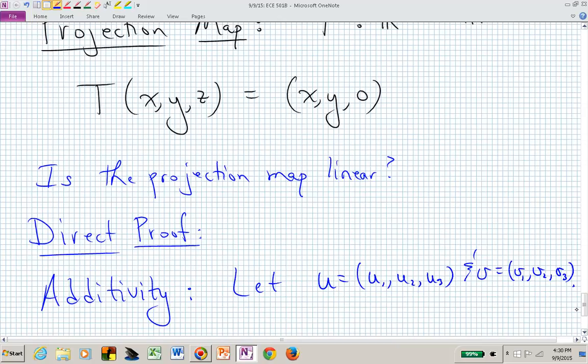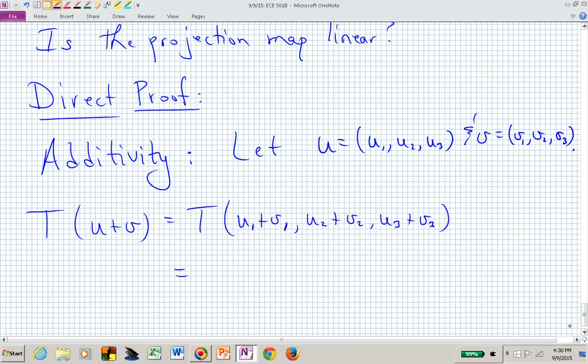This projection map, though, what will happen when we map those three coordinates through this map T? What's the result? We have u1 plus v1 sitting in the first coordinate, u2 plus v2 in the second coordinate, and a 0.